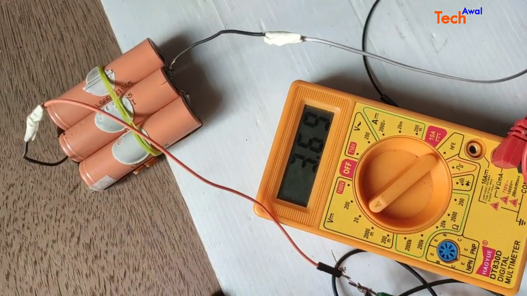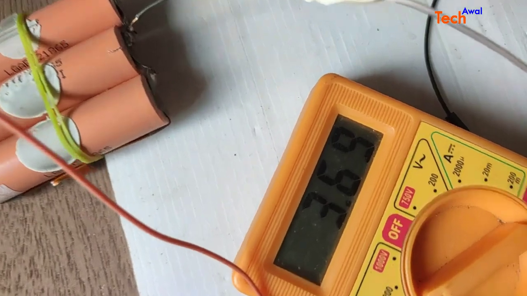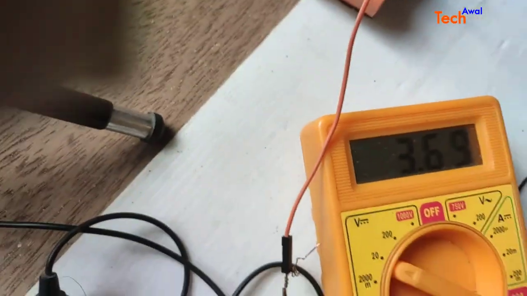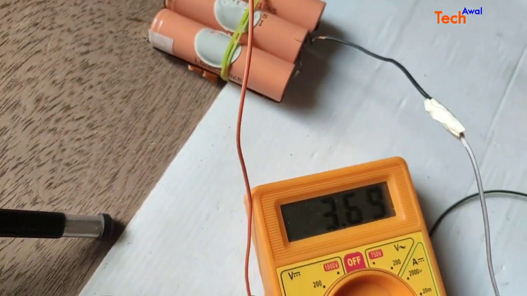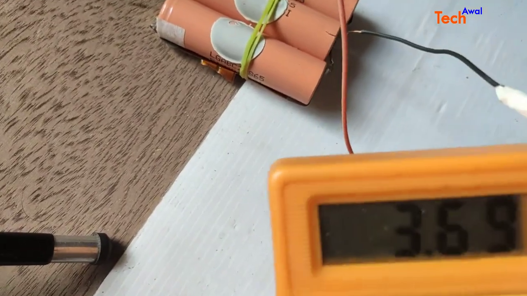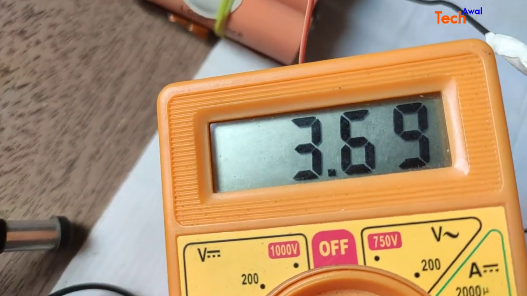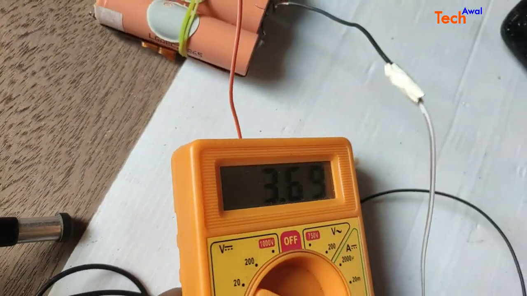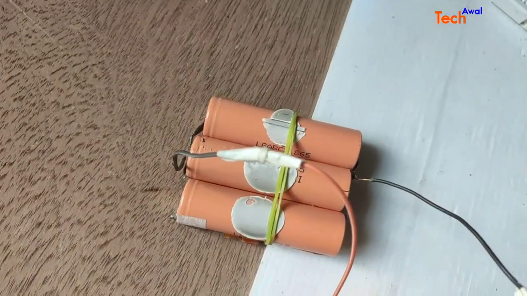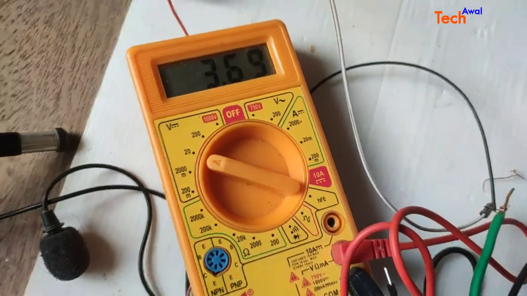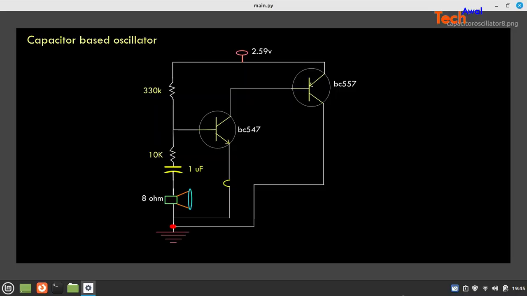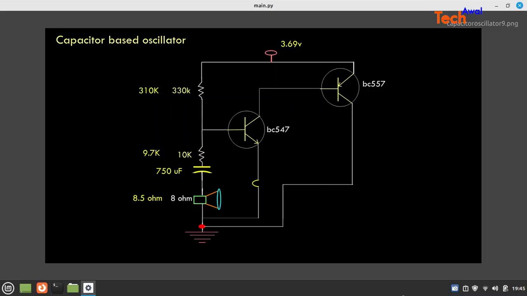We are using a different battery, so it is coming around 3.69 volts. This is a new battery we are using, and it comes to this much. Okay, so we are done with measuring the components.